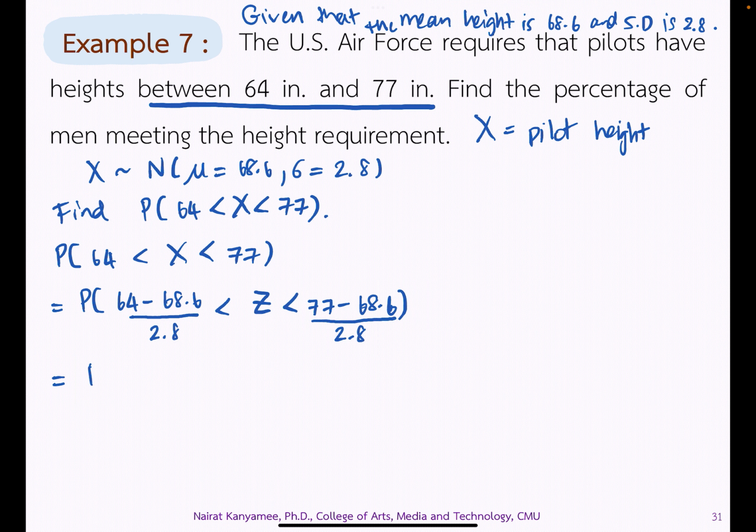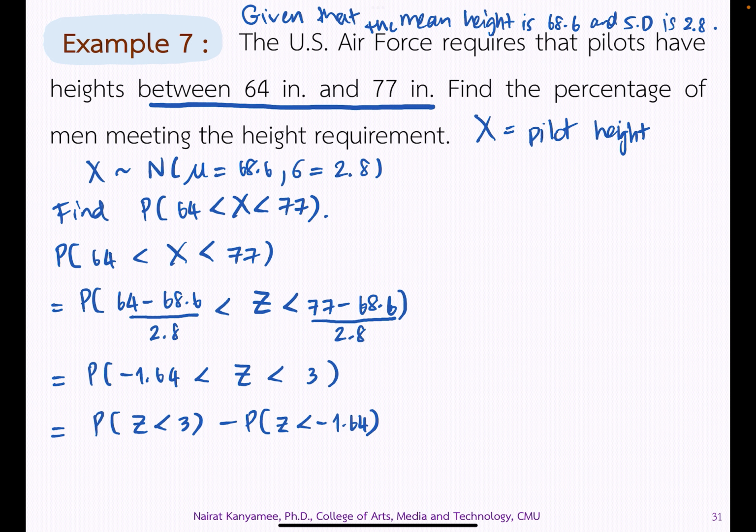Calculate the value: P of minus 1.64 less than z less than 3. This is P in between, so it is P of z less than 3 minus P of z less than minus 1.64.